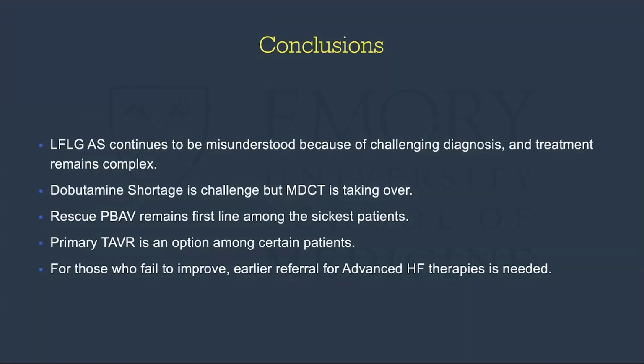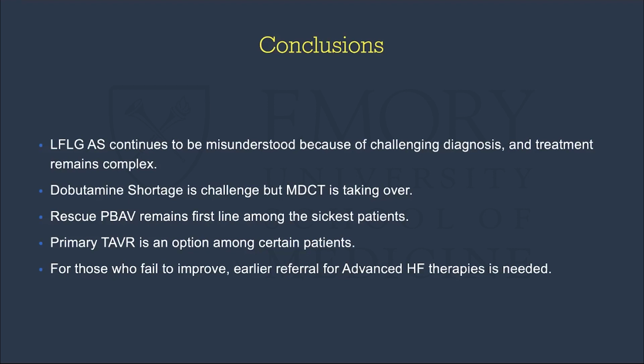So in conclusion, low flow, low gradient aortic stenosis continues to be misunderstood, because the diagnosis and the treatment are sometimes complex. The contrast shortage currently is a challenge, so CT is taking over most of the decision-making at this point.